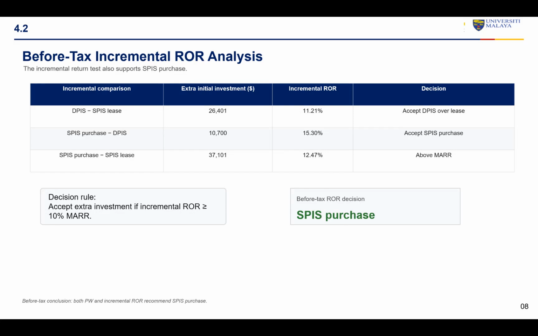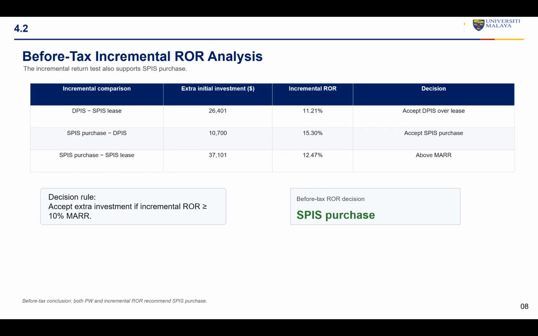The before-tax incremental ROR analysis confirms the present worth result. The alternatives are ranked by initial investment: SPIS lease, DPIS and SPIS purchase. The incremental ROR of DPIS over SPIS lease is 11.21%, which is higher than the 10% MARR.